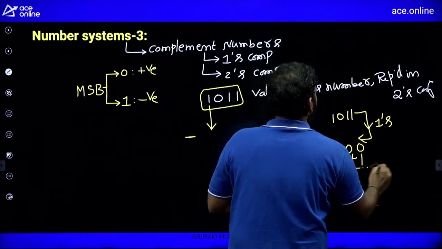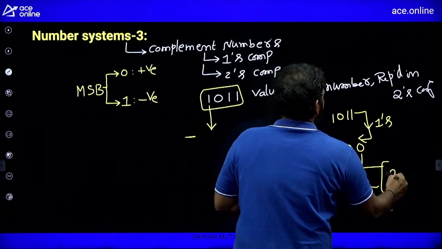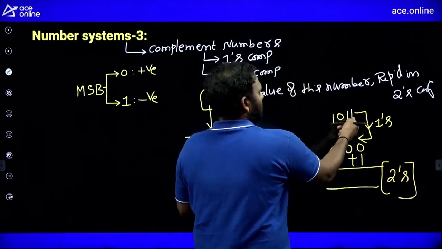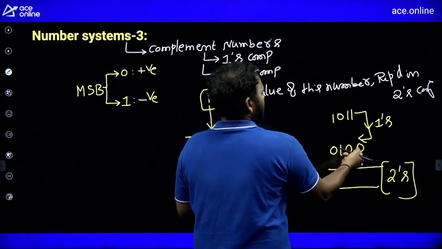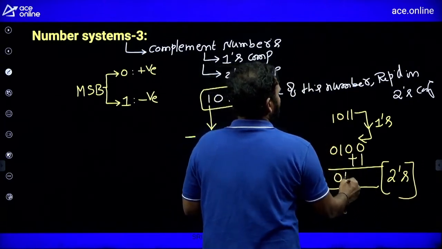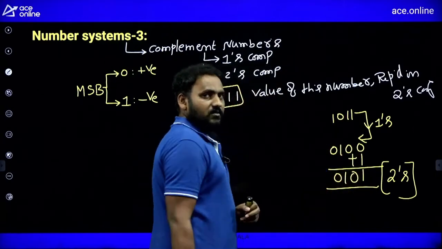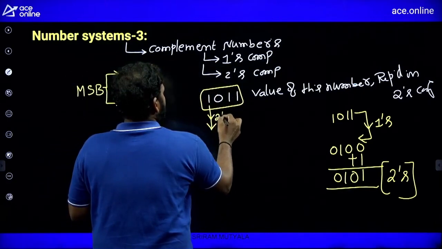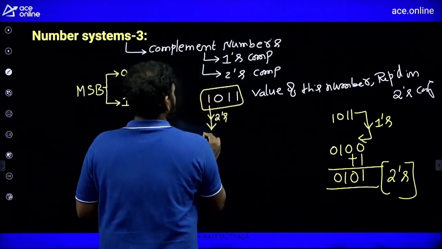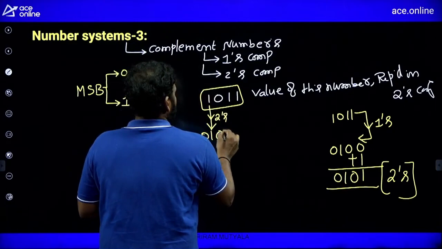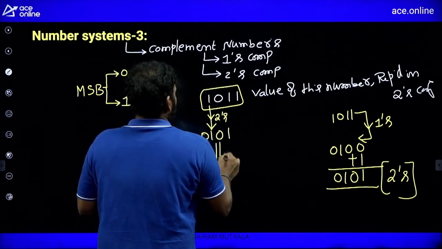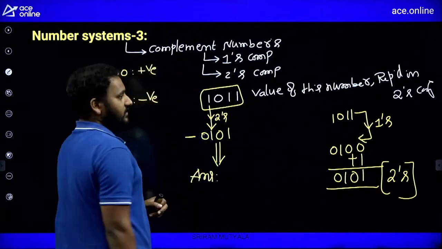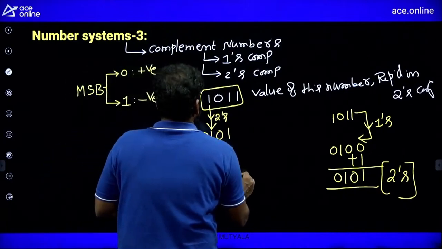Then if you add 1, this is going to be a 2's complement number, right? 1011, so 0100 added 1, you got 0101. So after 2's complement, you are going to get 0101. That means, what is the answer? Don't forget the negative sign there, okay? Answer is -5.